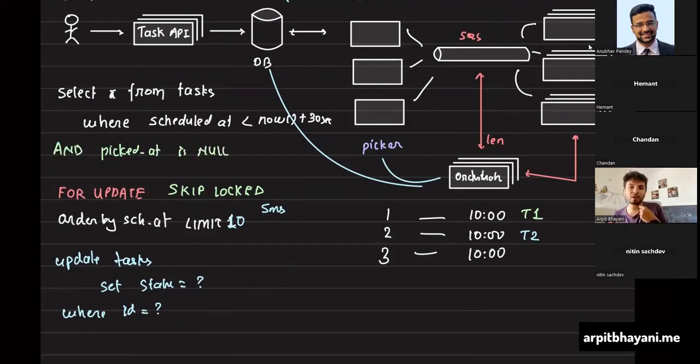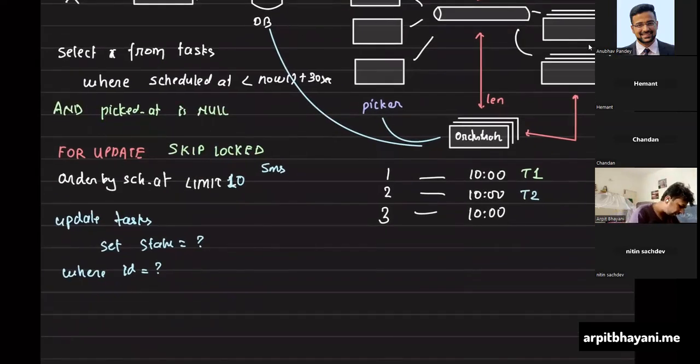Right? So tasks that are not picked up yet, I want to pick up those tasks for execution. Order by schedule that, limit 10. And then they would update status equal to this, and pick that is equal to this, where ID is equal to this. Right? You keep on doing this every single time.